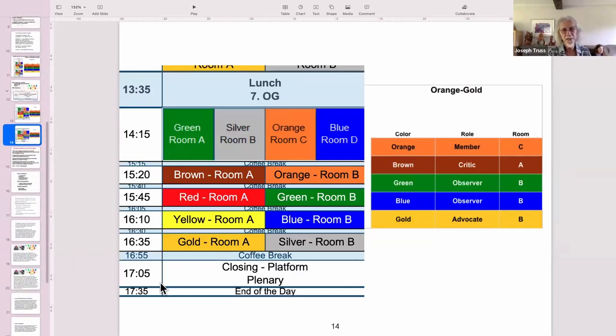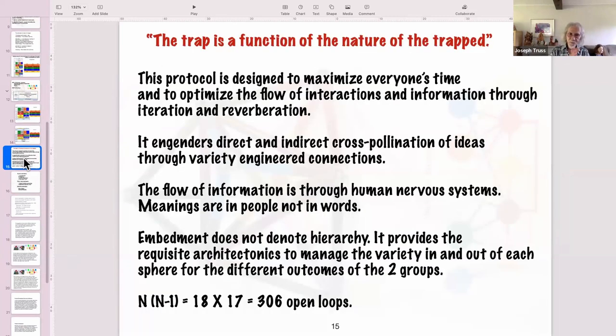And at the close of the day, a plenary session takes place. So as I think it was Vickers who said, the trap is a function of the nature of the trapped. In many ways, we were trapped within an architecture that is the most robust, rigorous, and interconnected one.